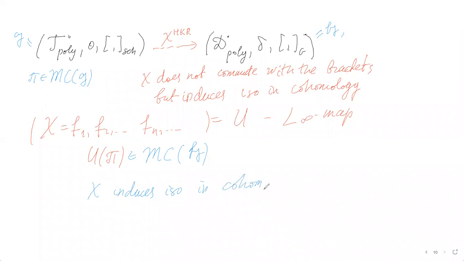So the left-hand side is actually the cohomology of the right-hand side. And when a differential graded Lie algebra is quasi-isomorphic to its cohomology, it's called formal. And that's why this theorem is called the Kontsevich formality theorem. So next time I'm going to sketch the proof of this theorem.